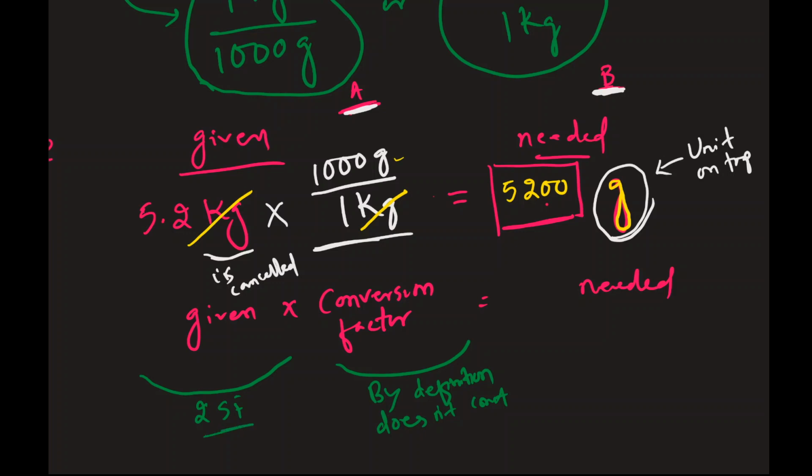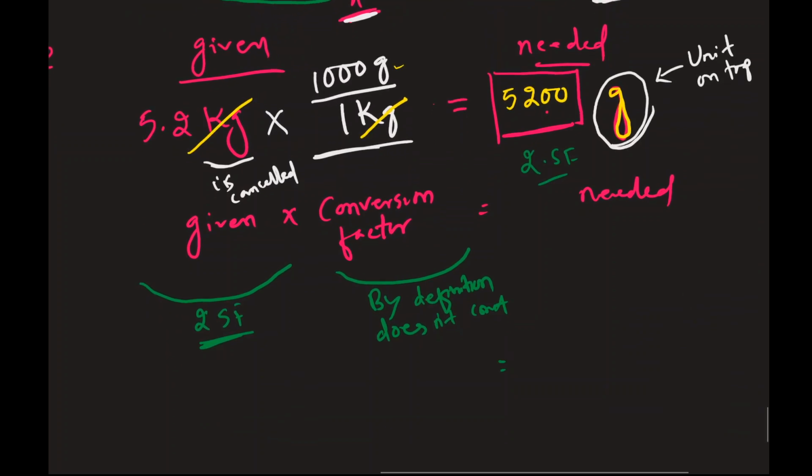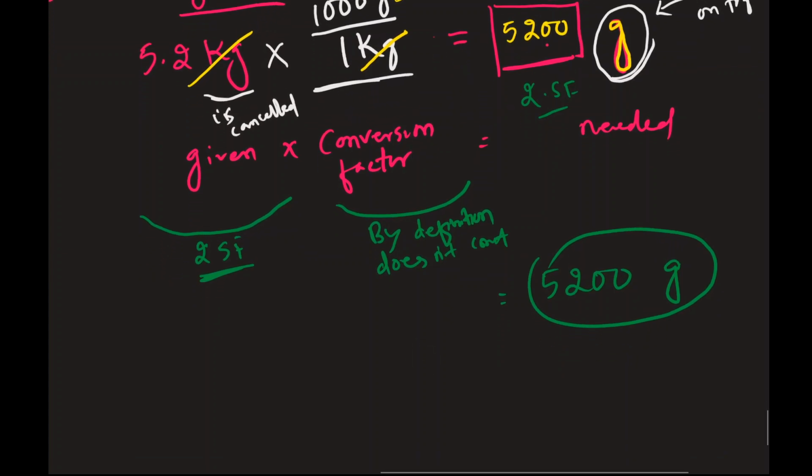So how many sig fig should we have in our answer? 2, and this matches. We got 2 sig fig. So our answer would be 5,200 grams. Don't forget the units. If you don't write the units, that's minus 1, right? Good. So follow this strategy. Let me do another one.